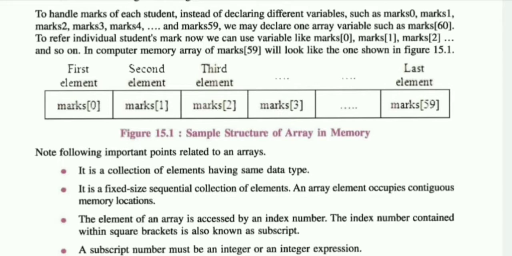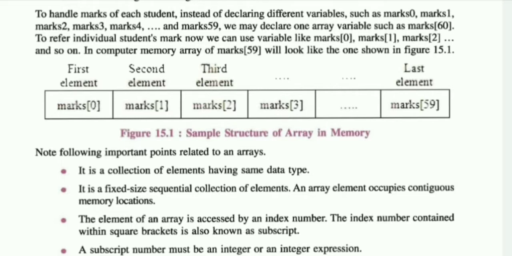That is why I can store this variable as an array variable, because they all have the same data type. Then, it is a fixed size sequential collection of elements, and array elements occupy contiguous memory locations. So it will be stored in memory in continuous form, as is visible over here.